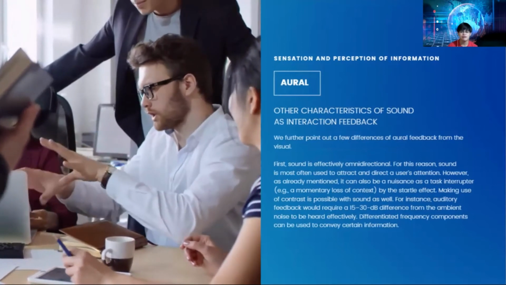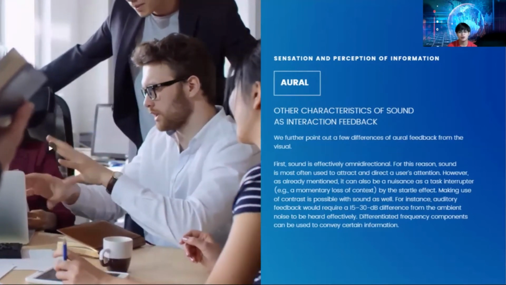However, as already mentioned, it can also be a nuisance as a task interrupter, for example, a momentary loss of context by the startle effect. Making use of contrast is possible with sound as well. For instance, auditory feedback would require a 30 to 50 decibels difference from the ambient noise to be heard effectively. So differentiated frequency components can be used to convey certain information.